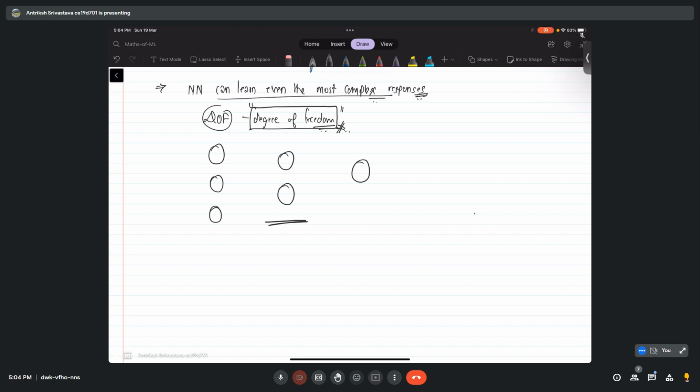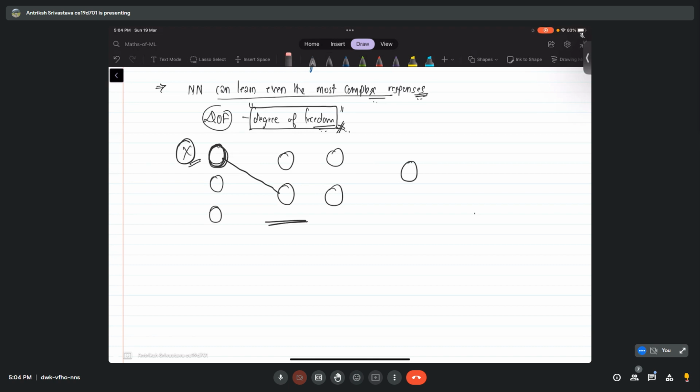Now this particular input can influence this output through two paths. One is this path, one is this path, right? Now if I include another hidden layer, which let's say has just two nodes only. Now let's see how many paths this neuron or this value x can influence the output node.